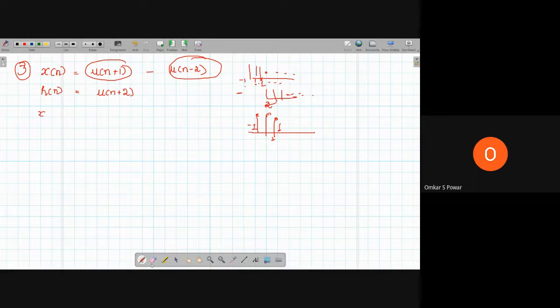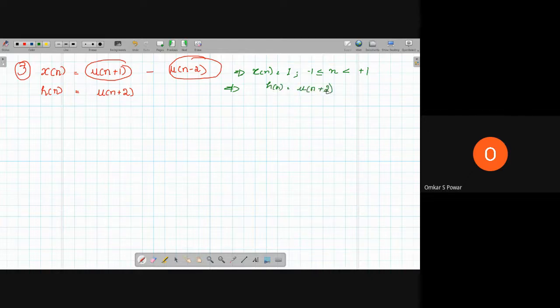First thing, we will express that mathematically, so that it is helpful to solve the problem. So x of n is equal to 1 for n ranges between minus 1 to plus 1, and h of n is equal to, write it as it is.